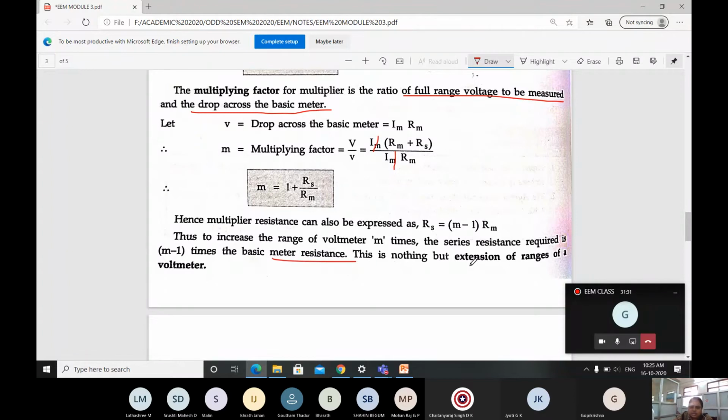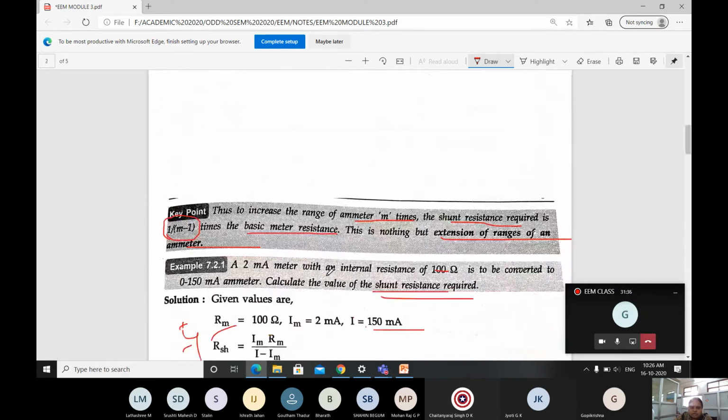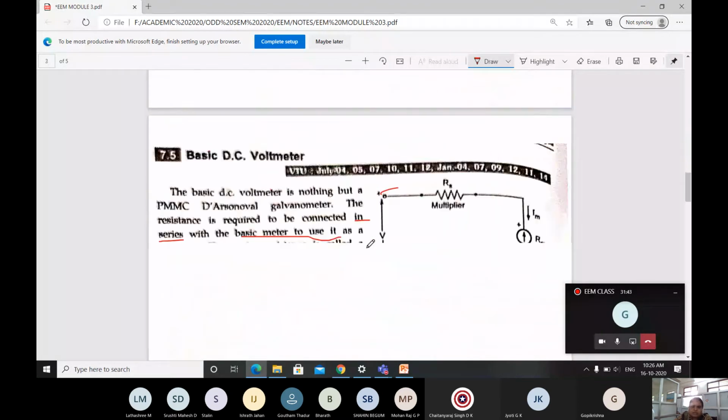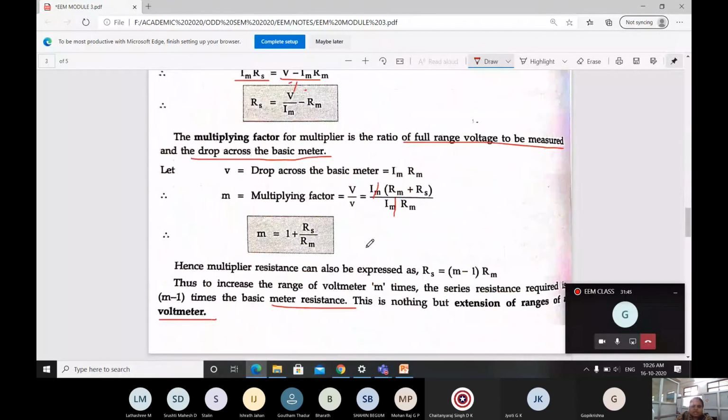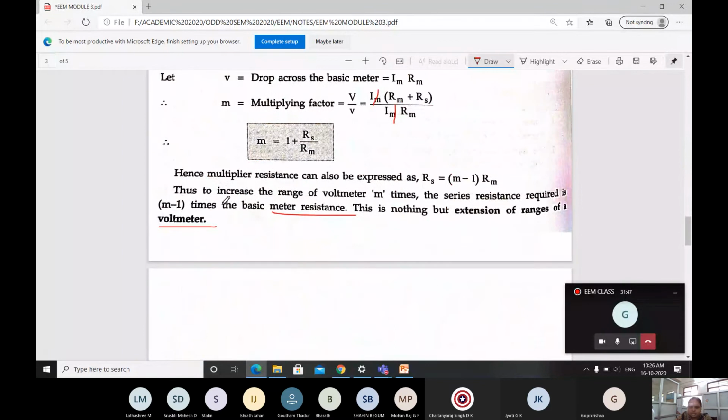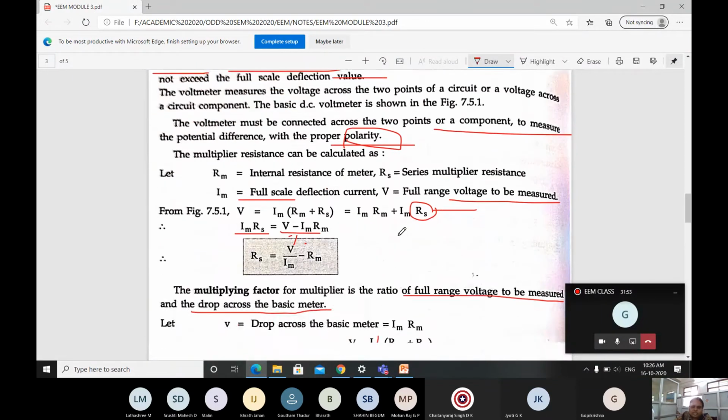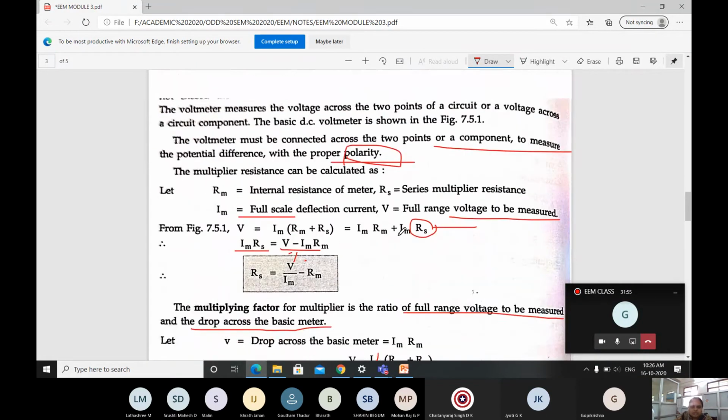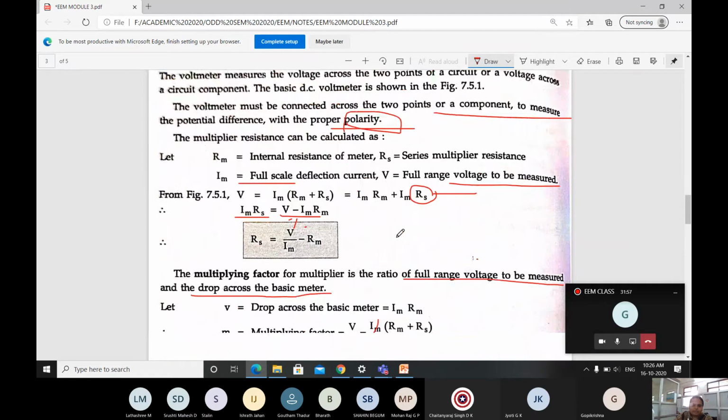This is nothing but the extension of ranges of the voltmeter. For ammeters, we take 1 by M minus 1 times the basic meter resistance. For voltmeters, we take M minus 1 times the basic meter resistance. These are the two topics: the extension of the ammeter and the extension of the voltmeter.